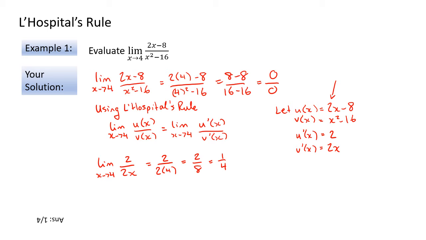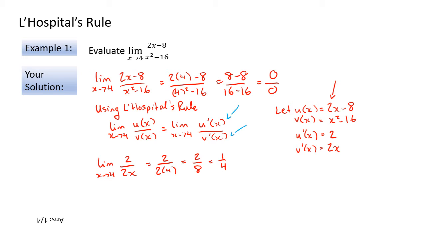Okay, so I'm showing you how to use this rule. I'm not deriving this rule because it is very advanced calculus to show you why L'Hopital's rule works. But it's one of my favorite rules because when you break it down, you're simply taking two derivatives, the derivative of the numerator and the derivative of the denominator, and solving.